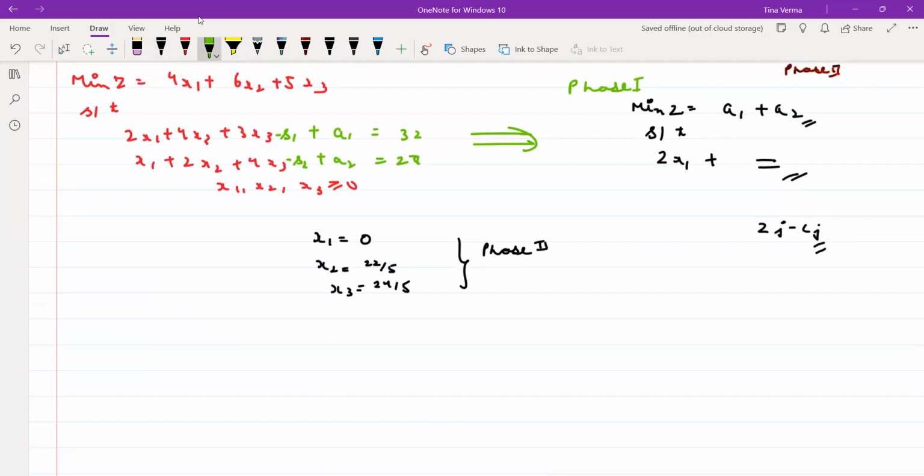Fine. So that means if an artificial variable is present in phase 1 and is not equal to 0, only then you will have an infeasible solution.